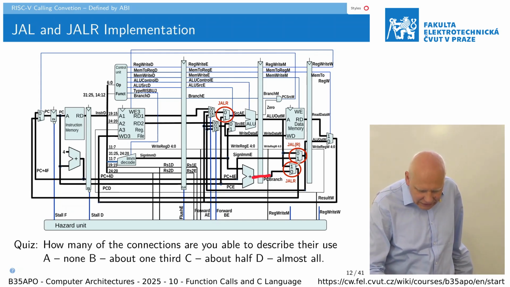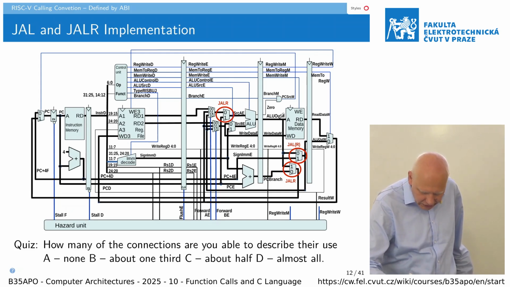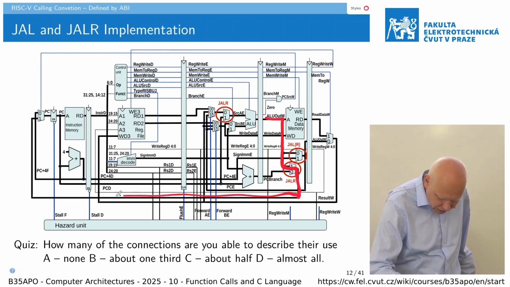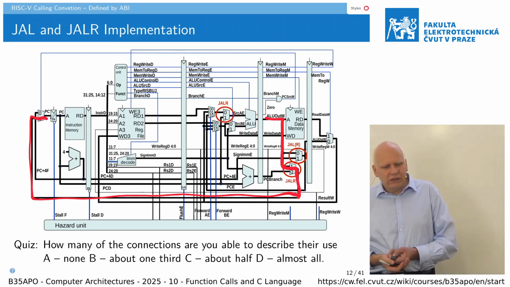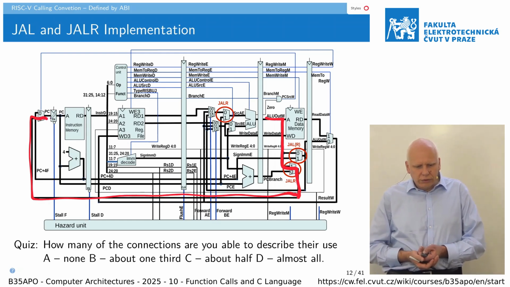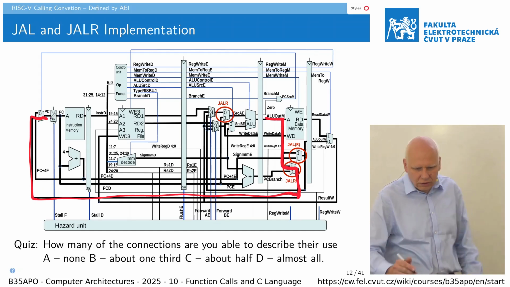But in this case, we do not want to use this small range, but we want to use a real result from the arithmetic logic unit to specify the next address. So we need to do those modifications to our processor.